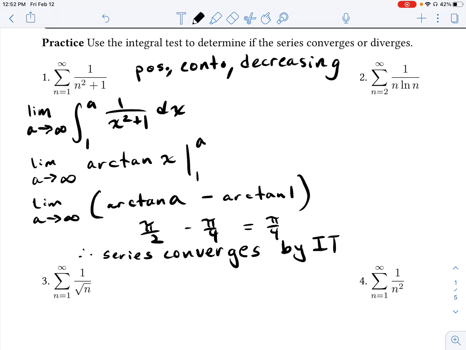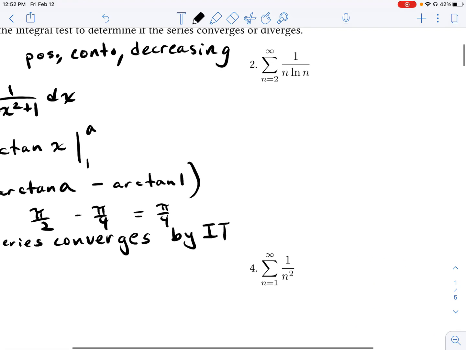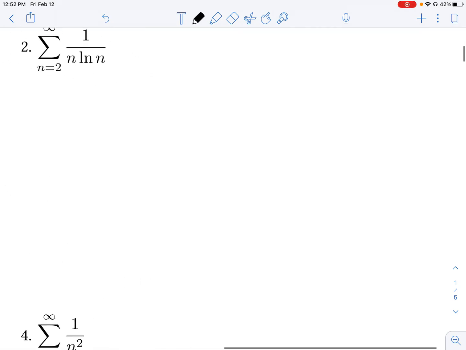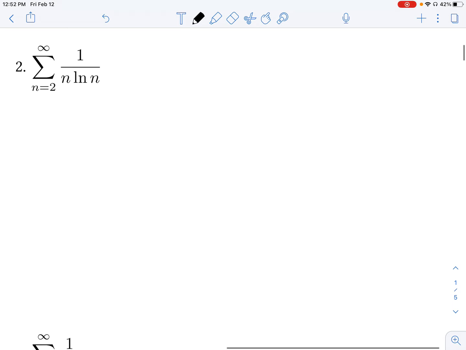Okay? All right, let's go ahead and try one more example in this video. So let's try something like number 2. For number 2, let's first check to make sure that we can indeed use the integral test. We know that this function is positive because n starts at 2, so all my terms are going to produce positive outputs. So it is positive. Is it continuous?